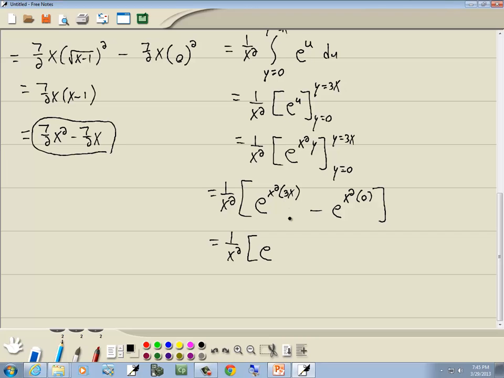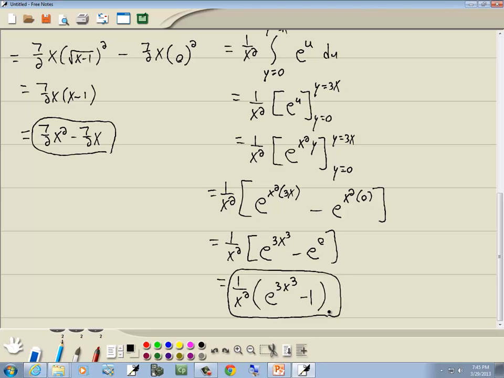When you multiply these together, we get 3x to the third, minus x squared times 0 is 0. And anything to the 0 power is 1. So this becomes 1 over x squared times e to the 3x to the third minus 1. And that's our answer.